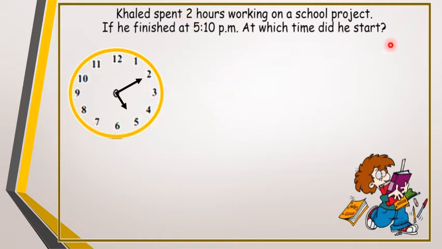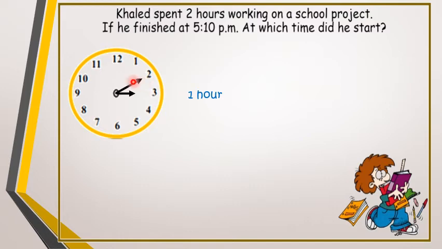So I want to see when he started. So it was 2 hours before. So I will move the long arm. No, I will move the short arm to make an hour before. So the short arm will go back 1 hour. So this means the long arm moved back a whole circle. So this is 1 hour. So I will move the short arm again to the hour before.